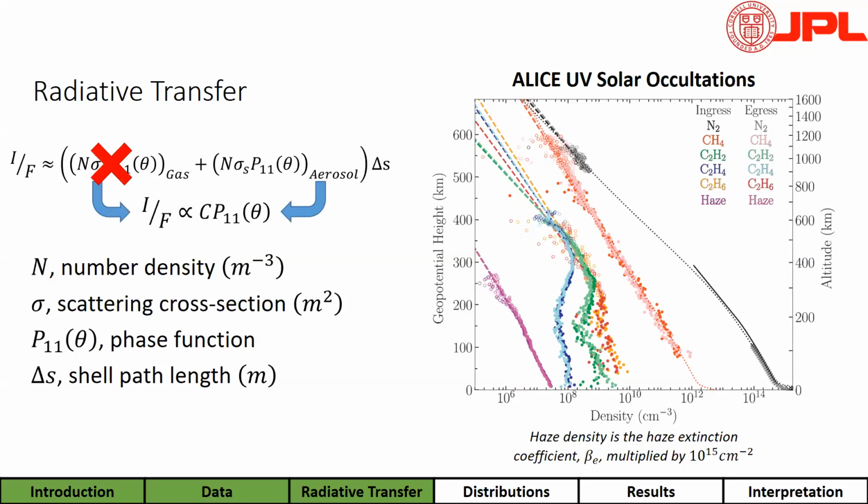We can further simplify that because the I/F is the brightness, the total description of the brightness of the particles is based on the number density, the scattering cross section, the phase function, and how far away our observation is actually taking place. While that all affects the total brightness, the only term which actually affects the brightness as a function of phase angle is the phase function.